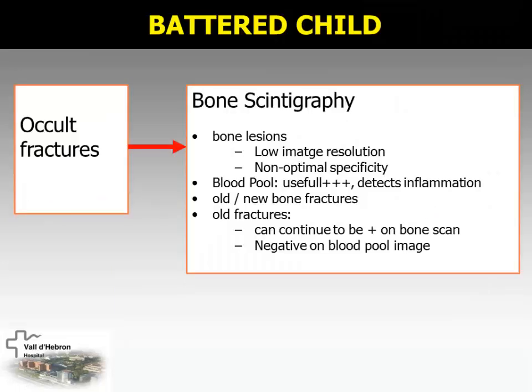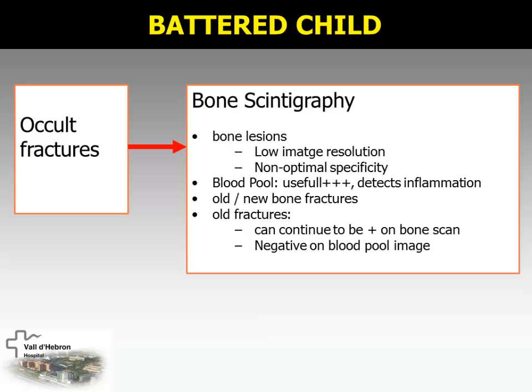Well, then in battered child, we have been performing bone scintigraphies for years to detect fractures, but the lesions detected on the bone with the bone scintigraphy have a low resolution with a non-optimal specificity. The blood pool helps a lot to detect inflammation and helps us to differentiate between old and new bone fractures.